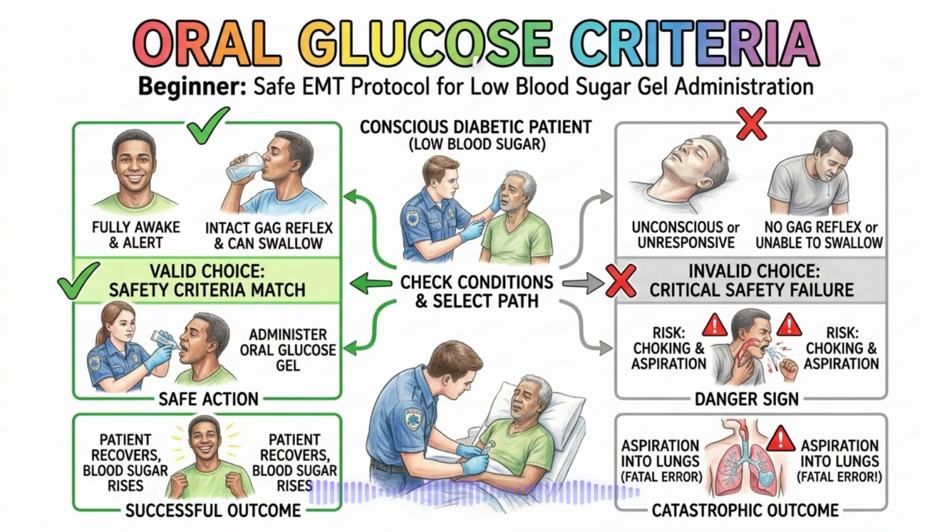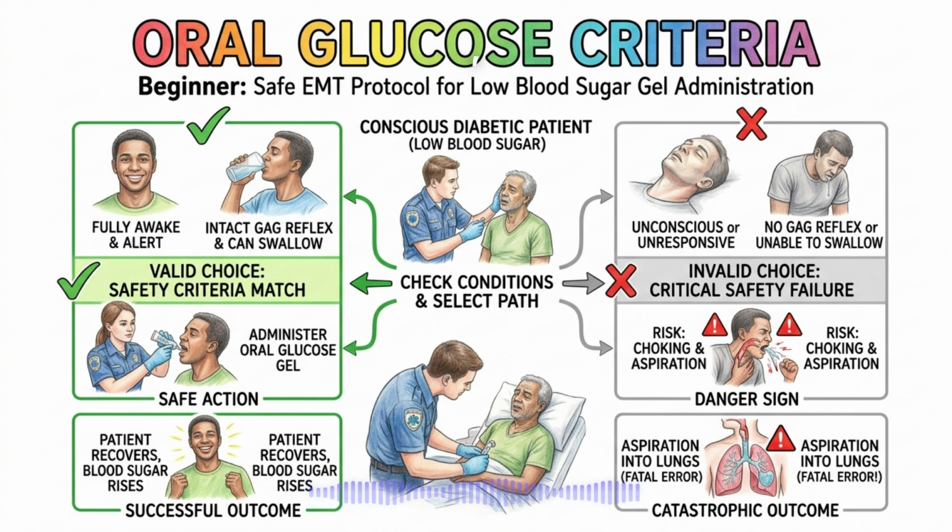Your primary treatment for a conscious diabetic patient with low blood sugar is administering oral glucose, a thick gel made of pure sugar. However, there is a strict rule you must always follow, which is a favorite topic on the certification exam.